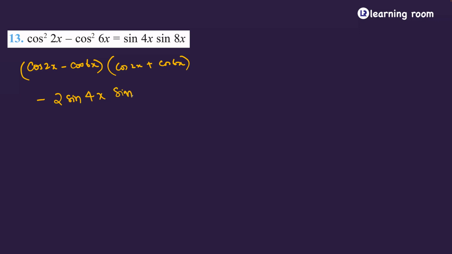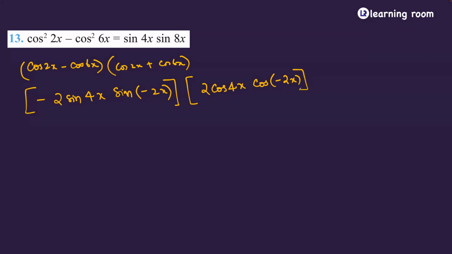Sine of c minus d by 2. So 2x minus 6x by 2 is minus 2x. This is the answer from the first term. And the second one is 2 cos of 2x plus 6x by 2, which is 4x. Cos of 2x minus 6x by 2 is going to be minus 2x.